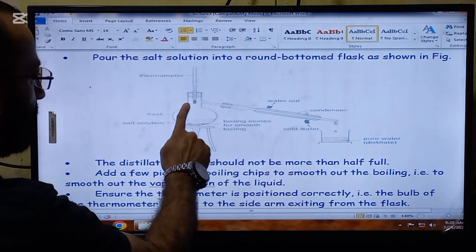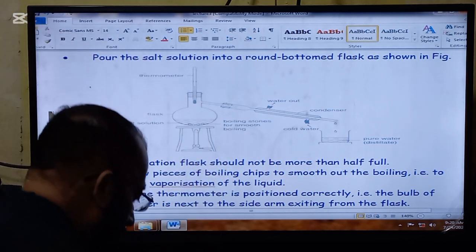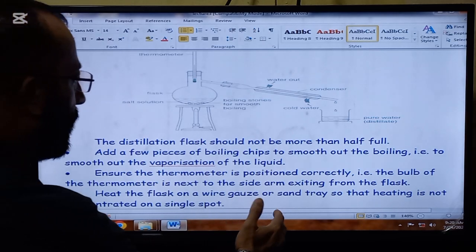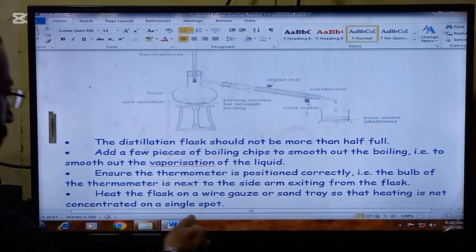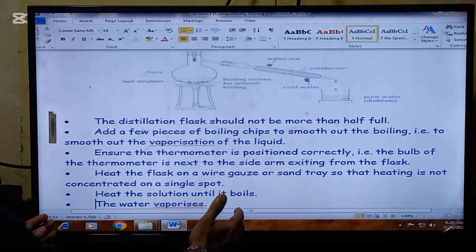This is the bulb and this is the exit, so they will be parallel with each other. Heat the flask on a wire gauze on a sand tray so that the heating is not concentrated on a single point. Heat the solution until it boils.